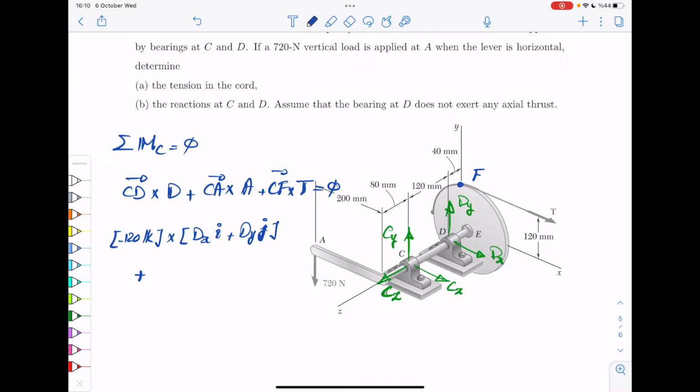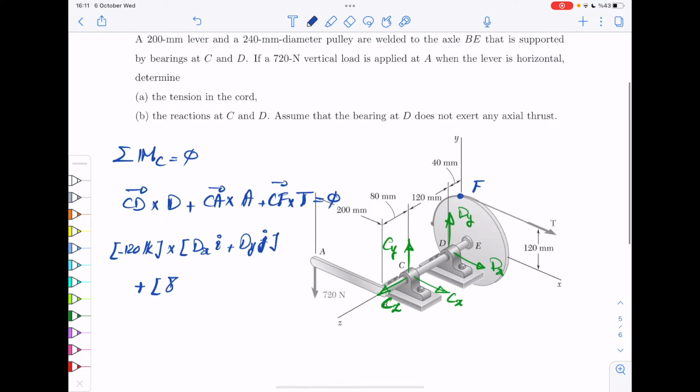So that would be plus 80K minus 200I, times the force at A, which is minus 720J.